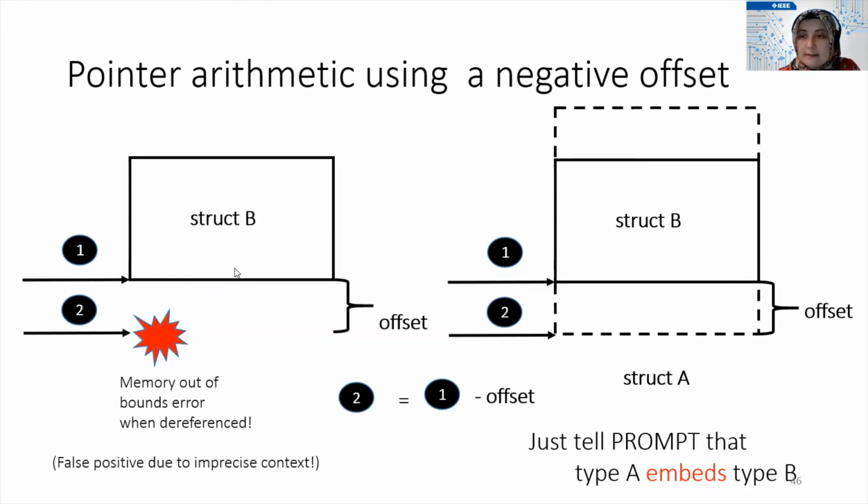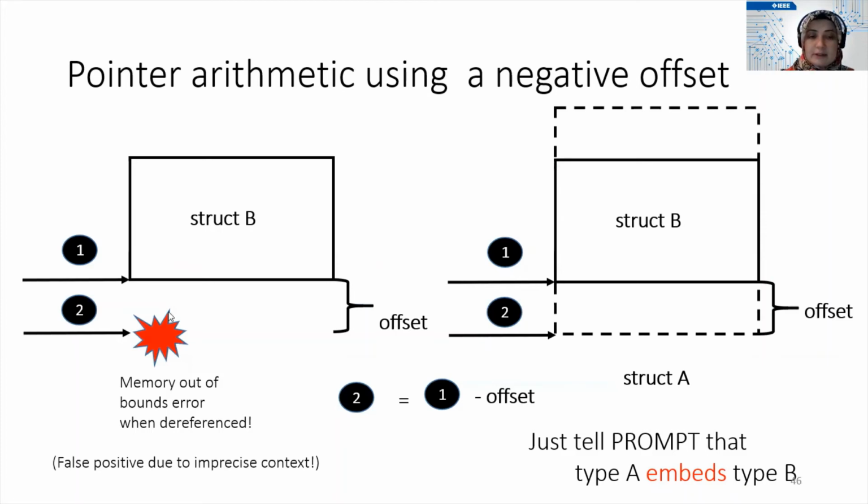But if it turns out that the code we're analyzing expects this object to be created embedded inside struct A, we may have issues, but we may also not have issues. Let's understand when we may have an issue. Let's assume that our code uses a pointer to the base address of a struct B type object to derive a pointer to the base address of a struct A type object.